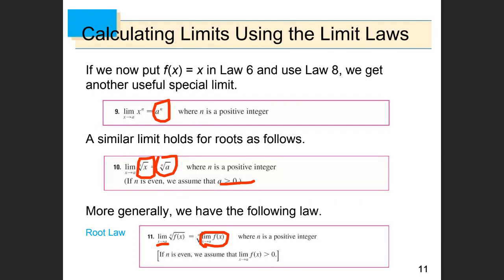Very important. The limit needs to exist and it has to be greater than 0 because you can't find, for example, the even root of a negative value. And the assumption is that n is even, and then we assume that that limit needs to be greater than 0.